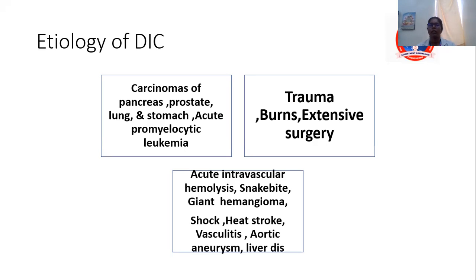Malignant causes are carcinoma of pancreas, prostate, lung, stomach, acute promyelocytic leukemias. Even trauma, burns, extensive surgeries, acute intravascular hemolysis, snake bite, giant hemangioma, shock, heat stroke, vasculitis, aortic aneurysm, and liver diseases can also cause DIC.